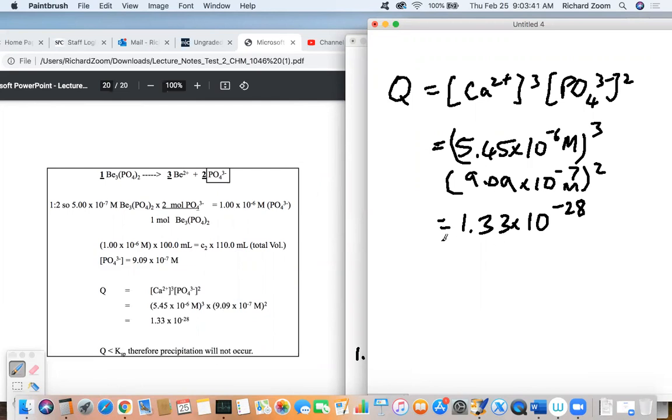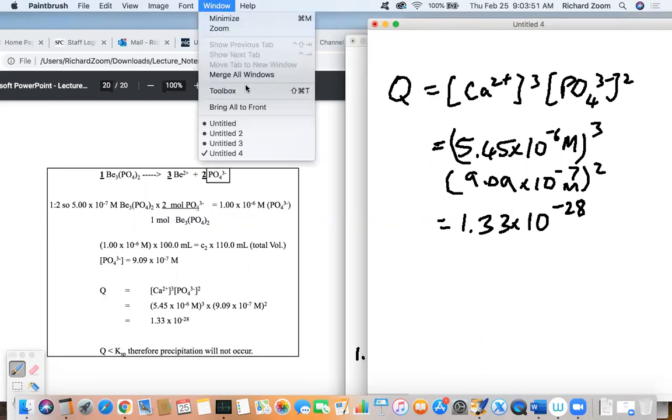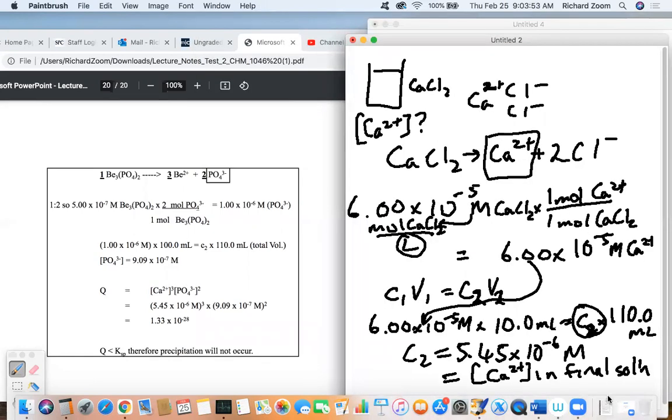So I get all the steps. Where'd you get the 5.45 from? That's the calcium concentration that we got. Let's see, I think it's Untitled 2 here. There we go, down here. Oh, from the previous problem that we just did. That's right. So we have to figure out each one of those separately, okay? Okay, that makes sense.